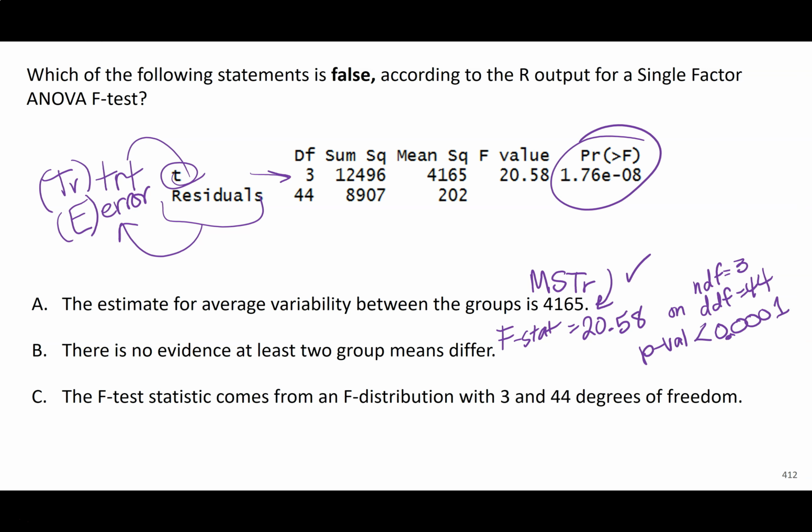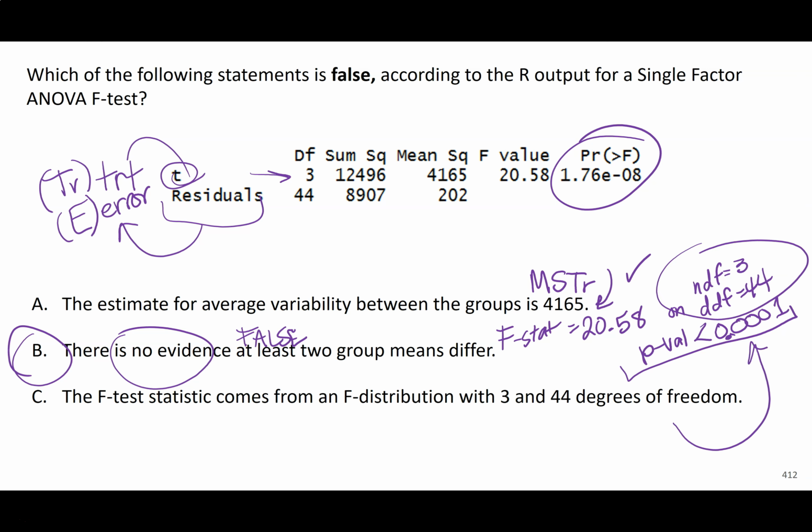That p-value is going to motivate me to reject. I would say there's very strong evidence at least one group mean differs. So I would say B is false. This is not true. And then just to check, the F statistic comes from an F distribution with 3 and 44 degrees of freedom. Yes, there it is. So this is also true.